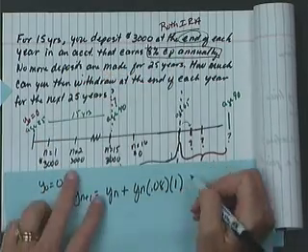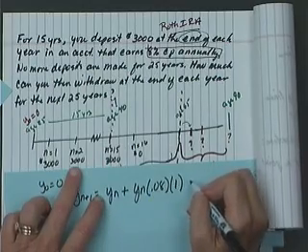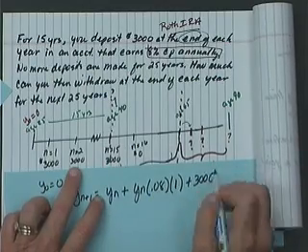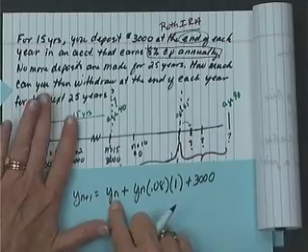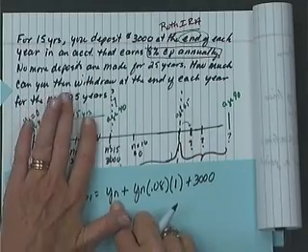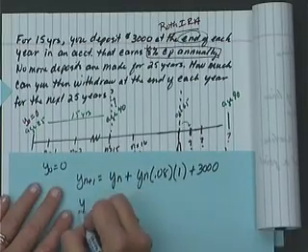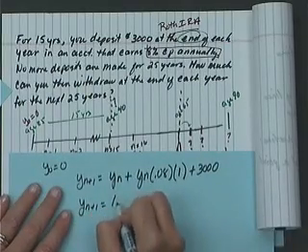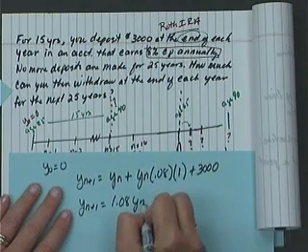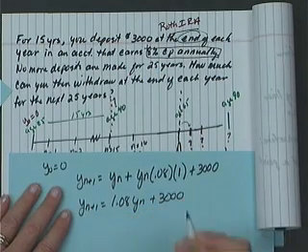T is 1. And then what else goes in it? Plus 3,000, because there's your deposit. It's your y sub n, interest on y sub n, your deposit. Everybody got it? All right, so our difference equation then is y sub n plus 1 equals 1.08 y sub n plus 3,000.